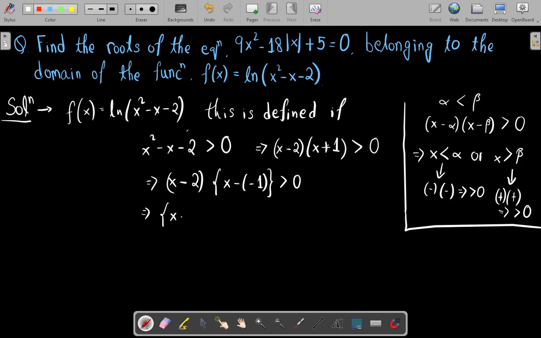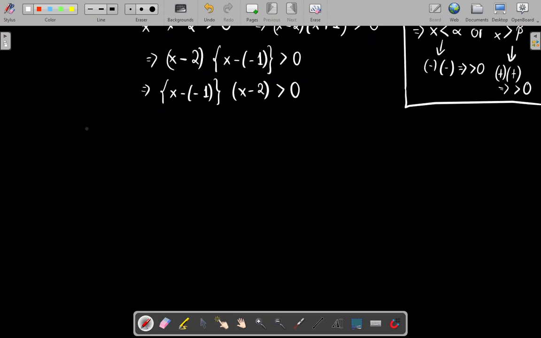Let me write that term first: (x − (−1))(x − 2) is greater than 0. Following this trend, here alpha is less than beta, with alpha equal to −1 and beta equal to 2. So either x has to be smaller than −1 or x has to be larger than 2.